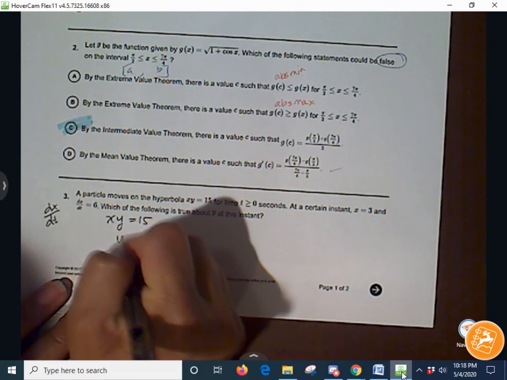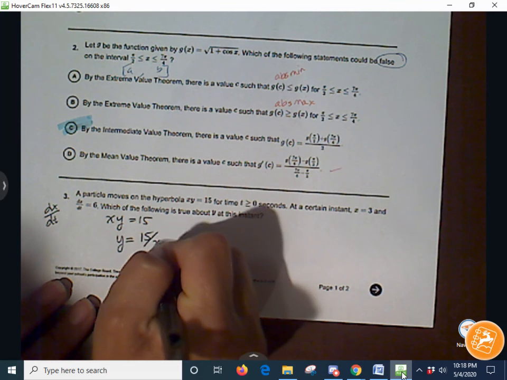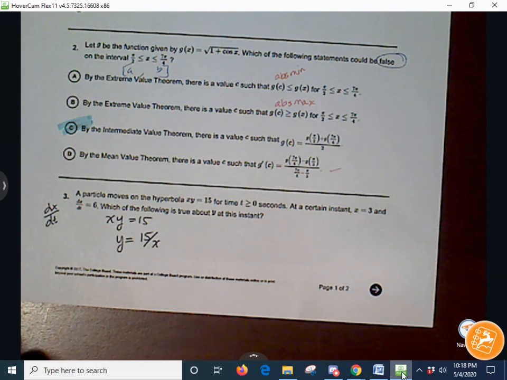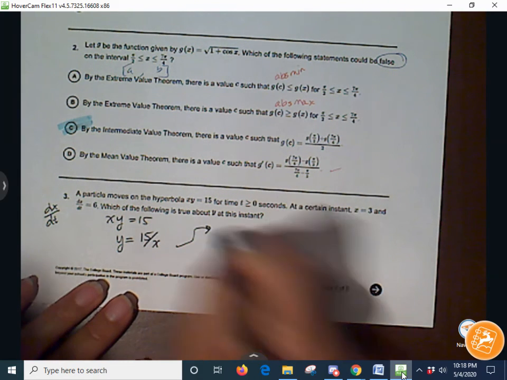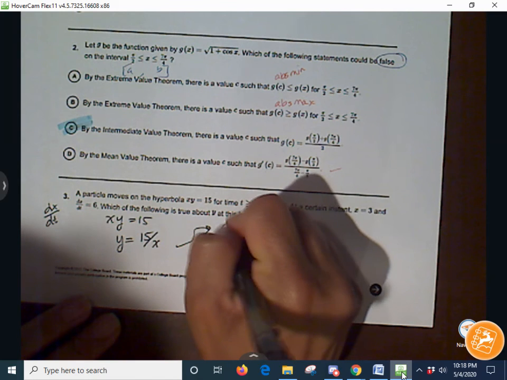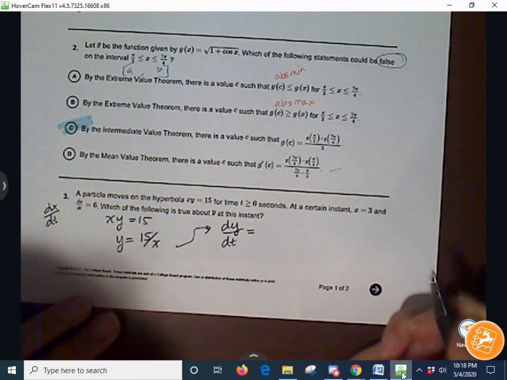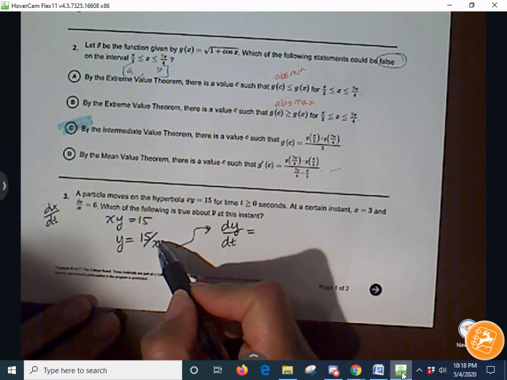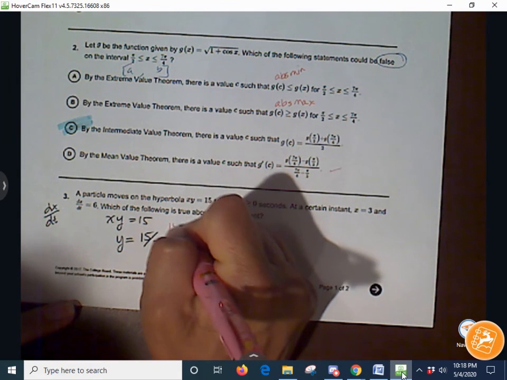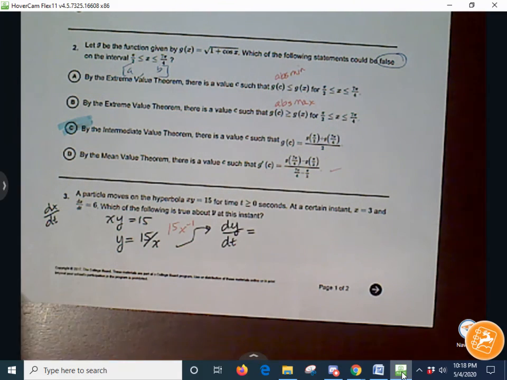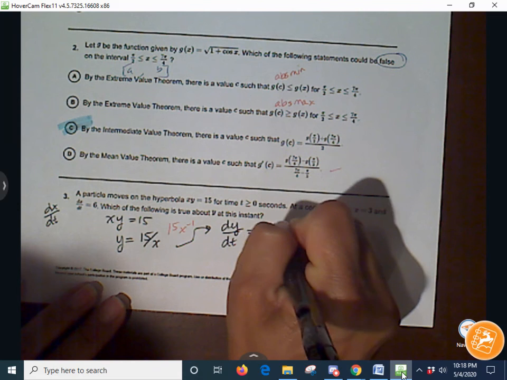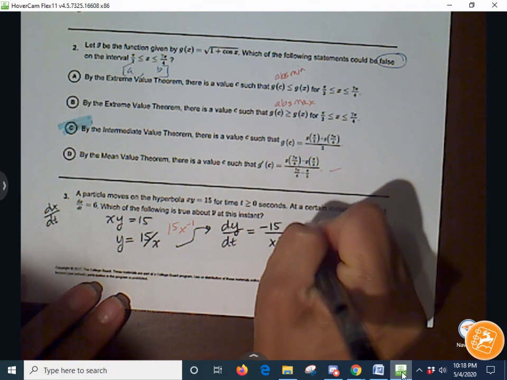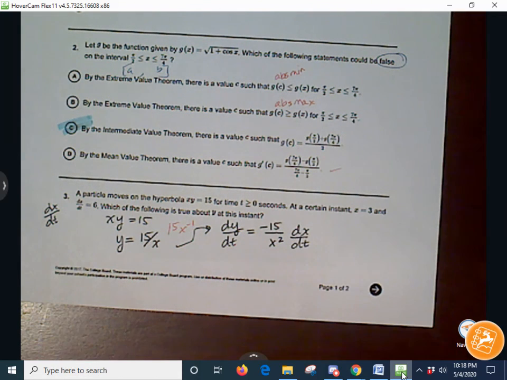So first, let me write it like this, because I think it'll be easier to take the derivative instead of doing the product rule. Now I'm going to take the derivative. So dy/dt is equal to, when you take the derivative of this, remember, this is the same thing as 15x to the negative 1. So when you take the derivative, it's going to be negative 15 all over x squared times dx/dt, because you're taking the derivative of each variable with respect to time.